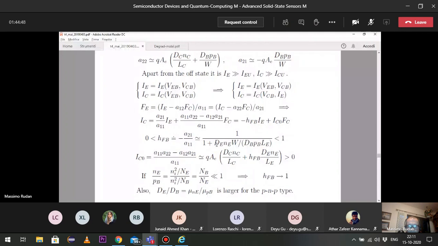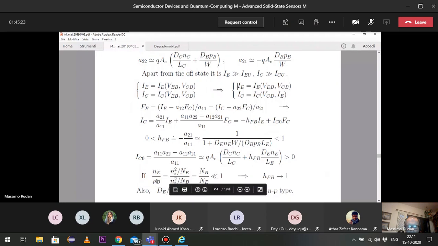So let's do it. You see immediately that in this ratio we have NE, that is the concentration of the minority carriers of the emitter, that are the electrons, divided by PB, that is the concentration of the minority carriers of the base, that are holes. We want this number to be very small.